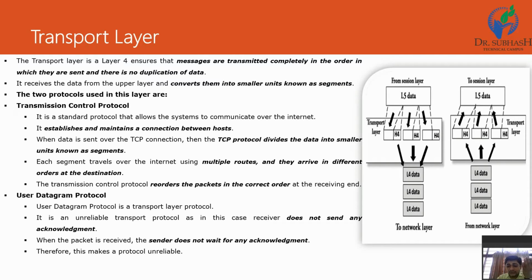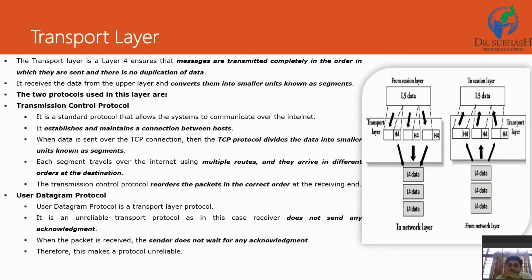Bit, frame, packet and segment: each word relates to an individual layer. Okay, got it. I hope you clearly understand what I want to convey. So the transport layer receives the data from the upper layer, that is the session layer, and converts it into smaller units known as segments.